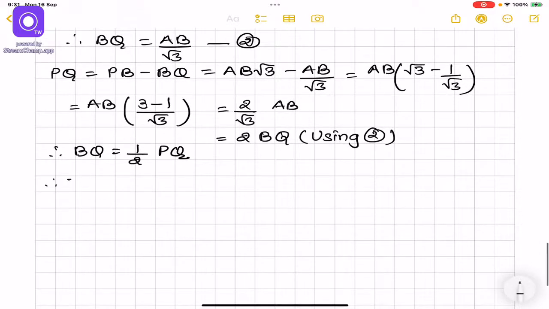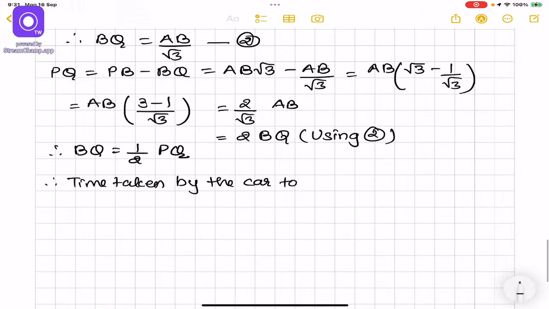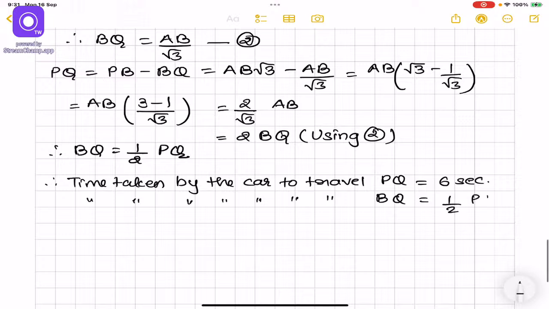So, therefore, time taken by the car to travel PQ equal to 6 seconds. It was given. Now time taken by the car to travel BQ will be half of this. So half PQ. So that is half into 6. So that is 3 seconds.